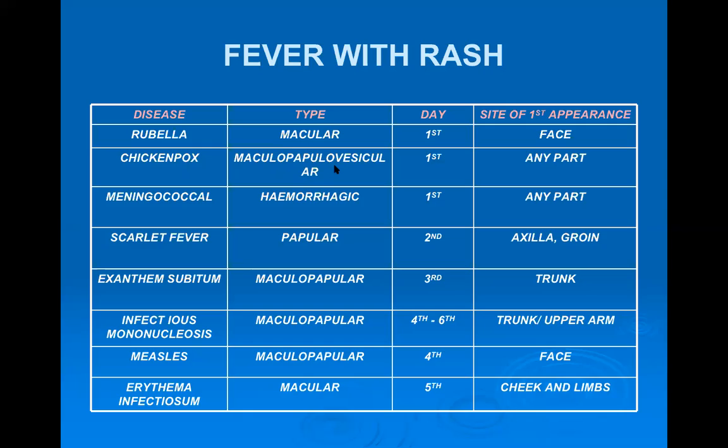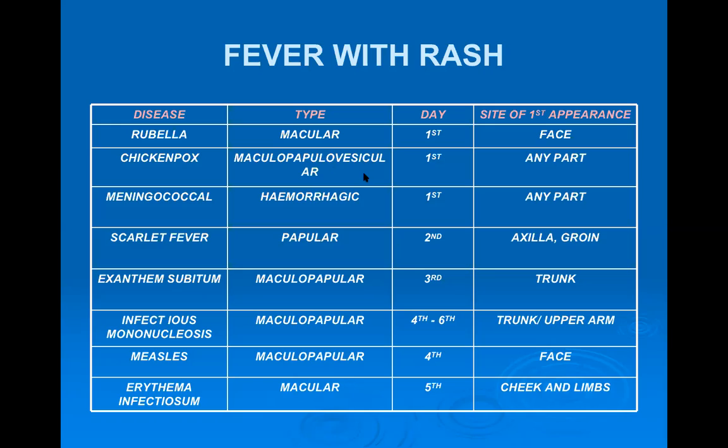You can also call them small nodules, which are less than 5 millimeters in size. Whereas vesicle means fluid filled blisters, and the size is again less than 5 mm. So there is a combination of macule, papule, vesicle, and pustule. Pustule means pus present inside the vesicle.